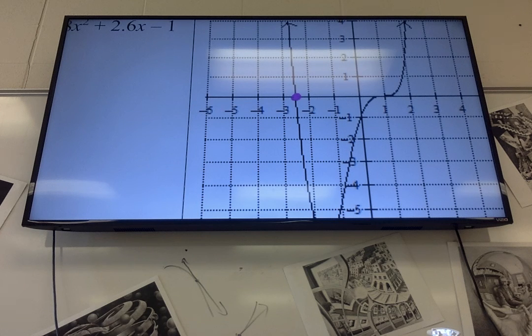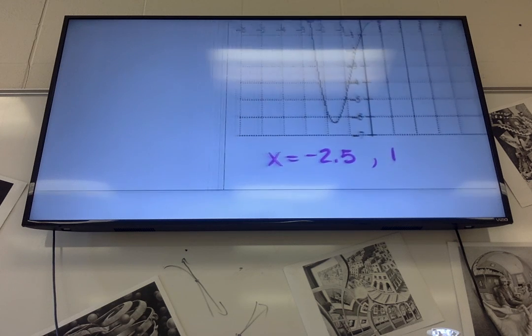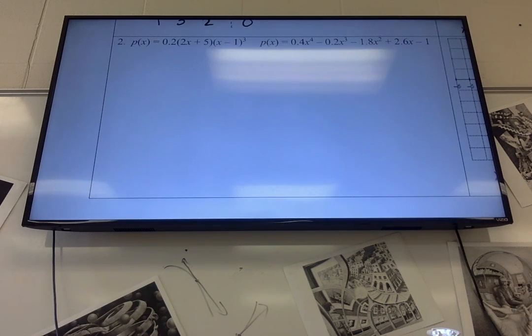Okay, negative 2.5 and 1. Yes, you're right, by the way. Negative 2.5 and 1. So those are my two zeros we're going to plug in here.